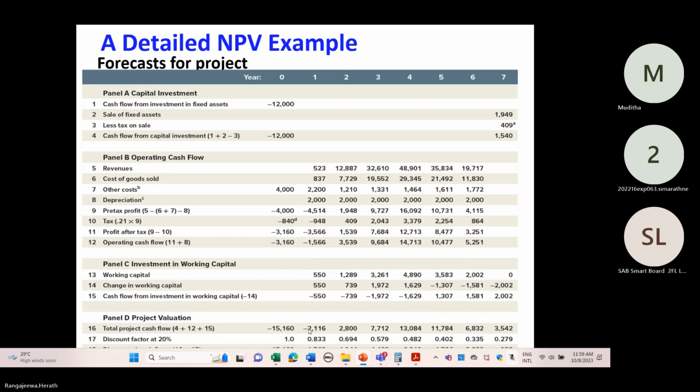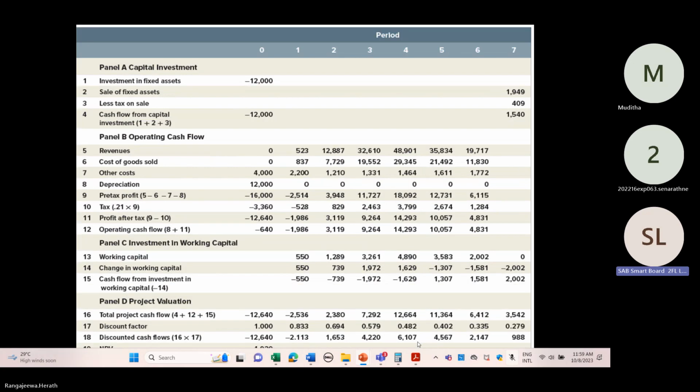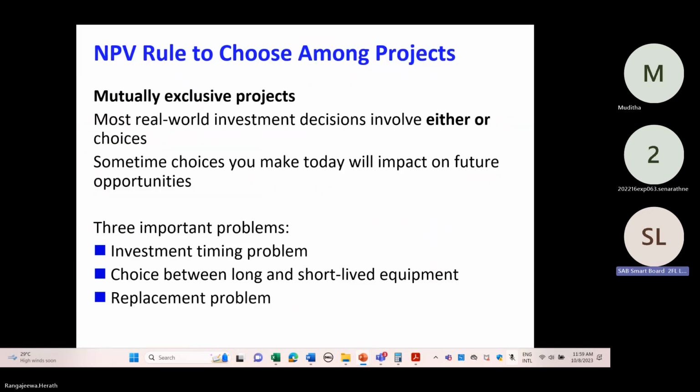It is 2,100, operating cash flow plus working capital. So each year you find the net cash flow. Here is the discounting factor, discounted year by year, and get the NPV.